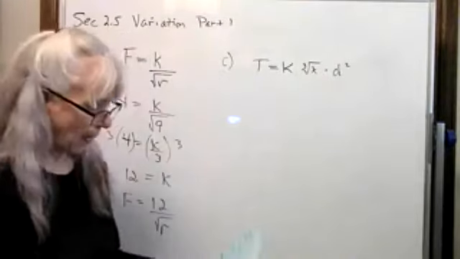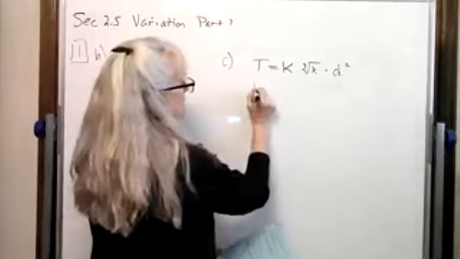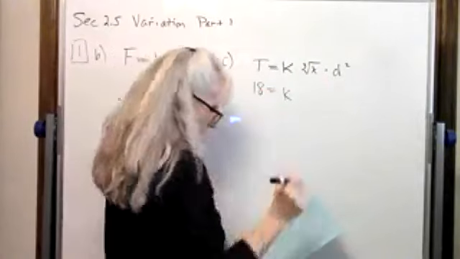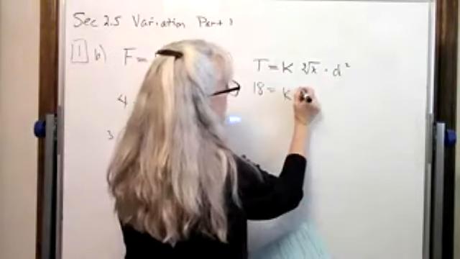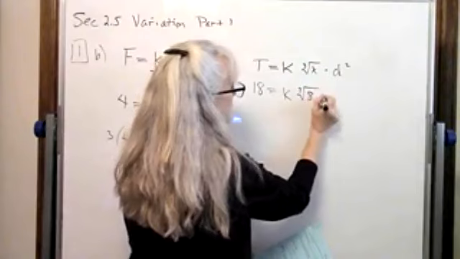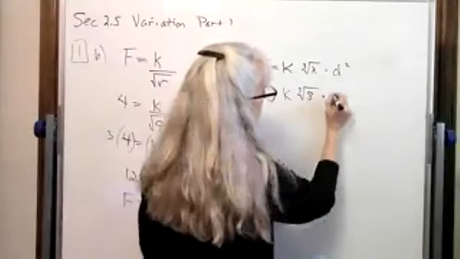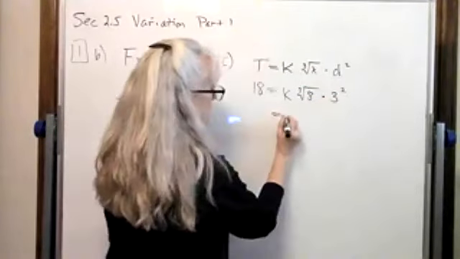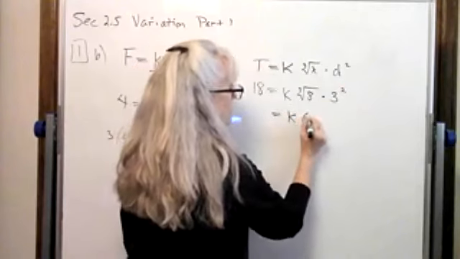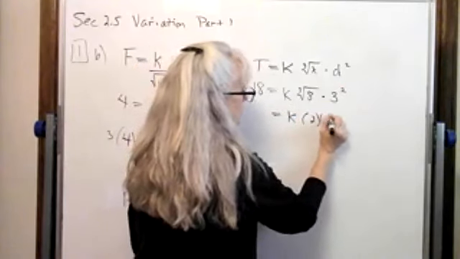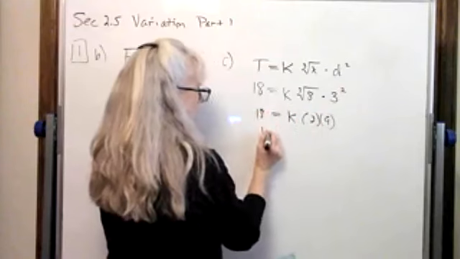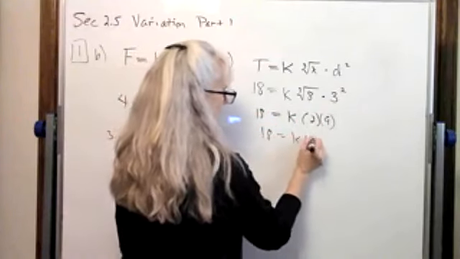They then tell me that t is equal to 18 when x is equal to 8. So I'd have the cube root of 8. And d is equal to 3. So that would be 3 squared. So let's clean up that right side first. Cube root of 8 is 2. 3 squared is 9. That's going to give me 18 is equal to k times 18.